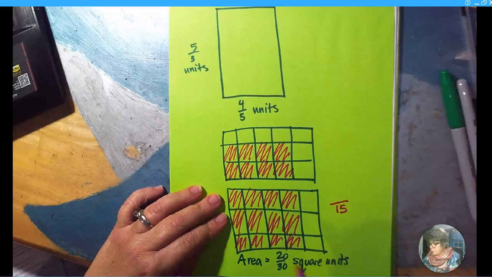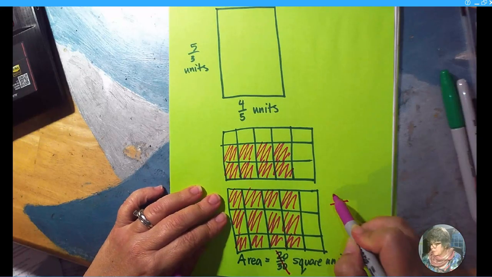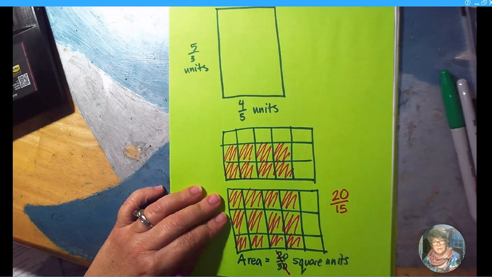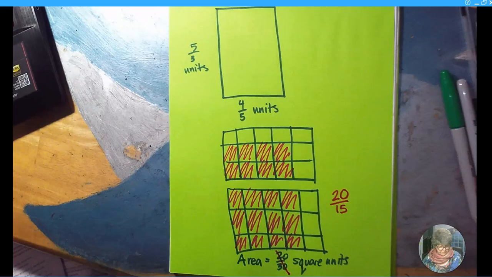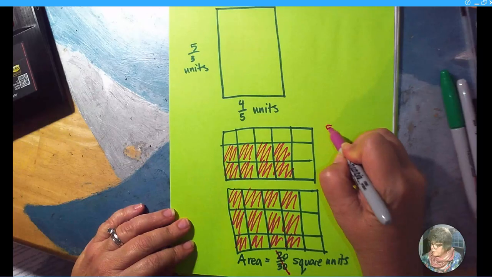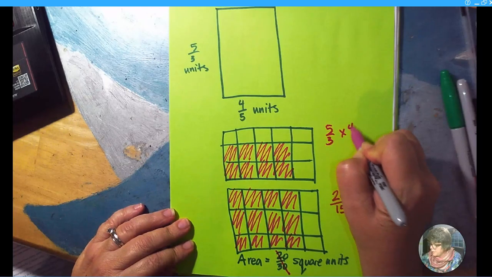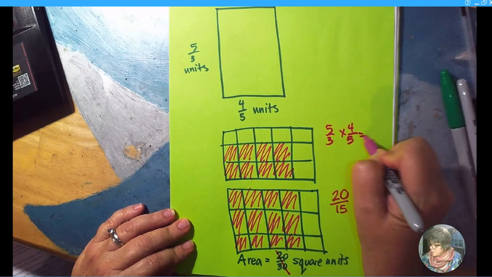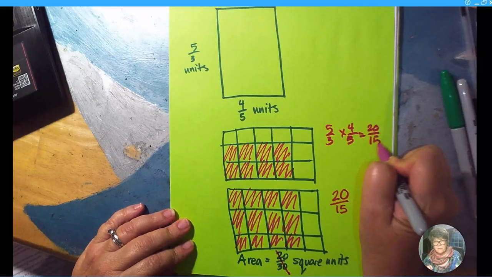So instead of 20 30ths, it would be 20 15ths. And we can confirm that by thinking about 5 thirds times 4 fifths equaling 20 15ths as well.